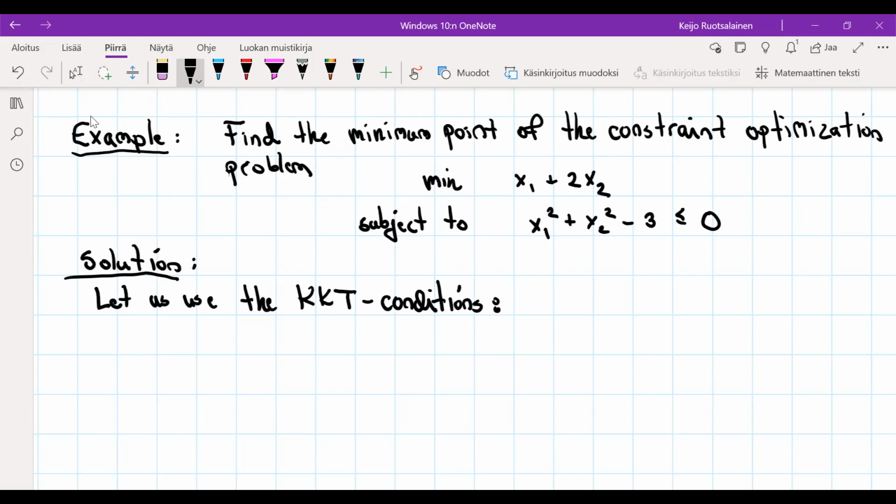So our function f here is the linear function, x1 plus 2 times x2. We can compute the gradient at every point x1 and x2.